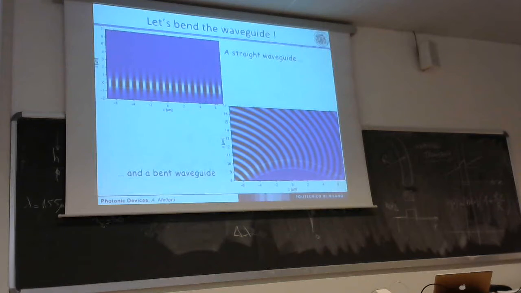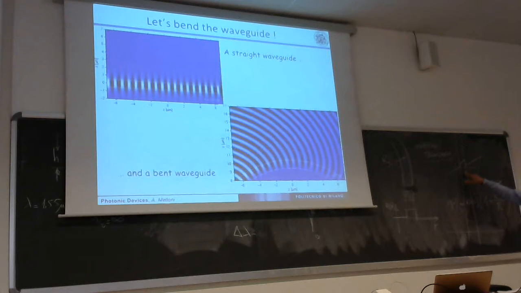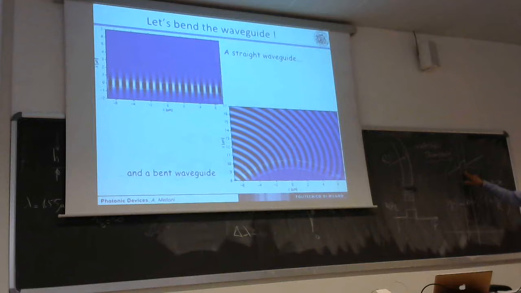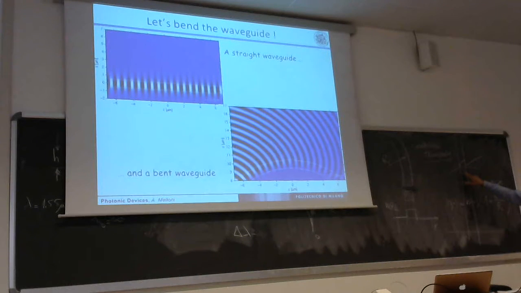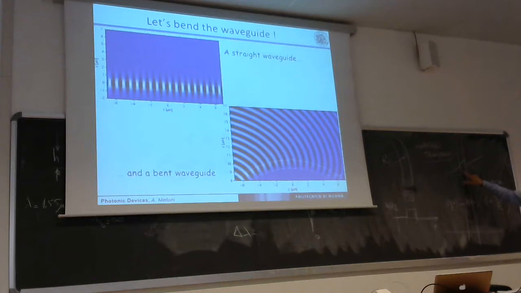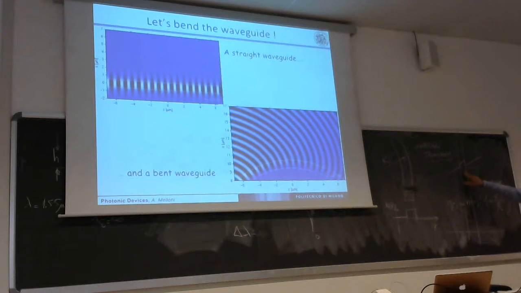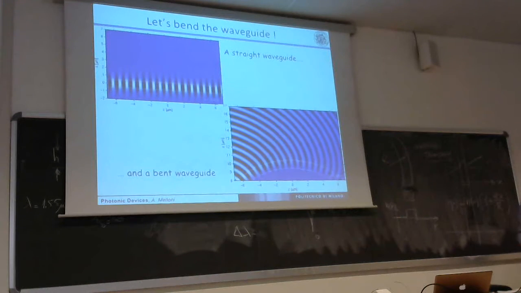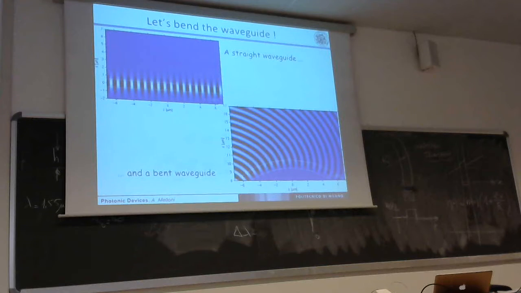So now we have to study this straight waveguide. The functions are cosine, sine, and exponential, so we like it. The problem is this strange shape of the refractive index. But we can do that.